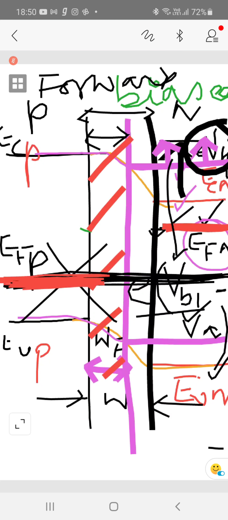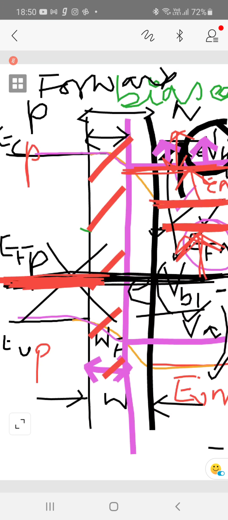Since the barrier height is decreased over here, automatically this conduction band moves up from here to here, and EFN also moves up from here to this place.